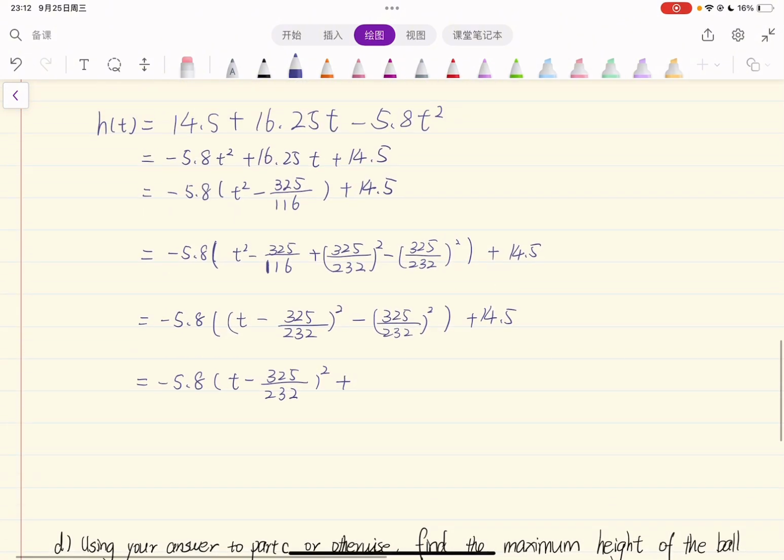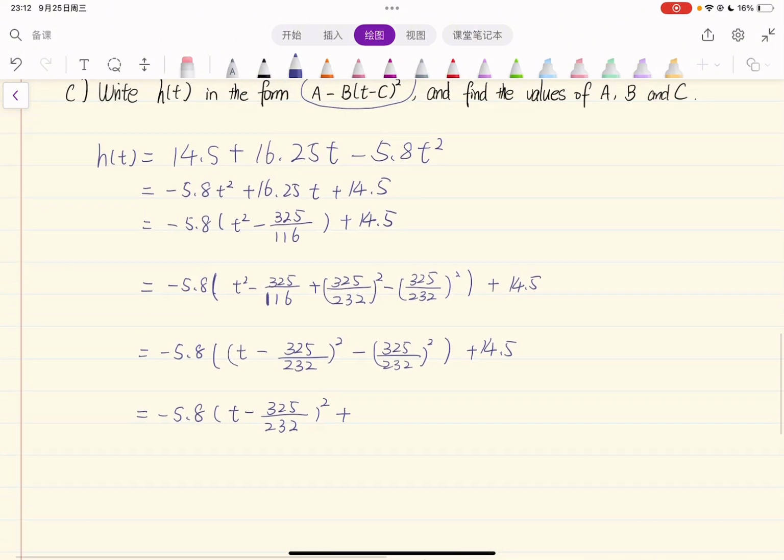Sorry, wait a minute, I typed the wrong number. So that is 11.38, that's right, 11.4 to three significant figures. And then plus 14.5.